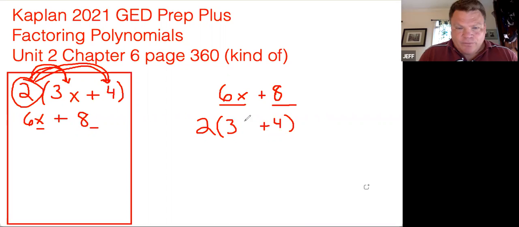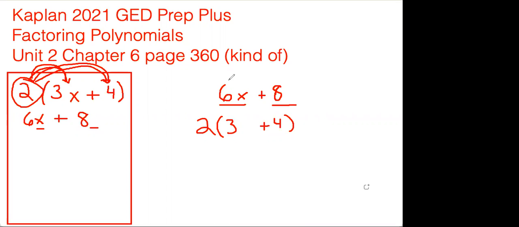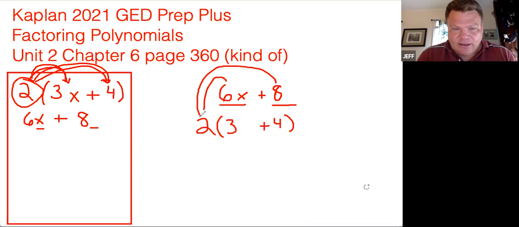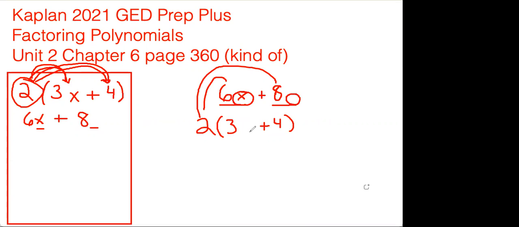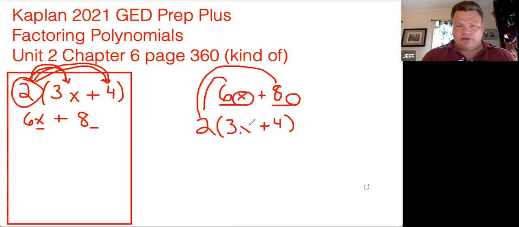So we pulled the 2 out of that, and we pulled the 2 out of that. So 2 times 3 gives 6. 2 times 4 gives 8. X is only here, not here. So that's why it slides on down, and we're done.